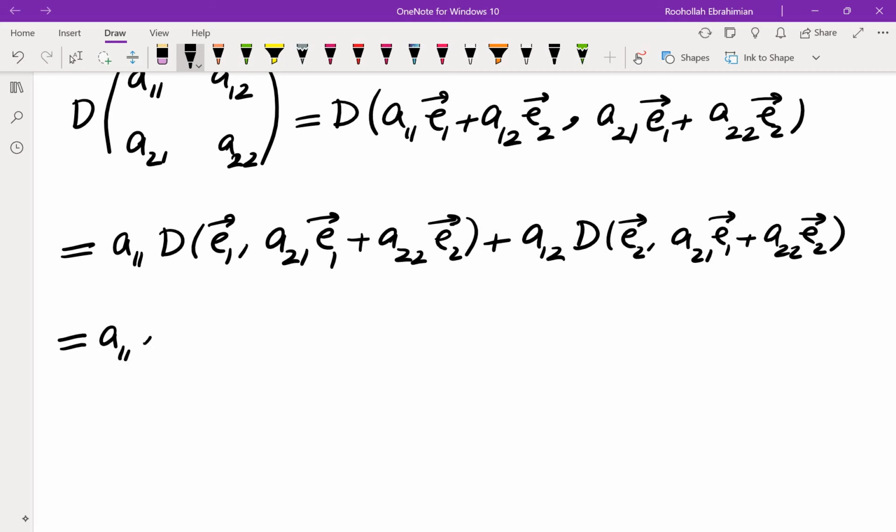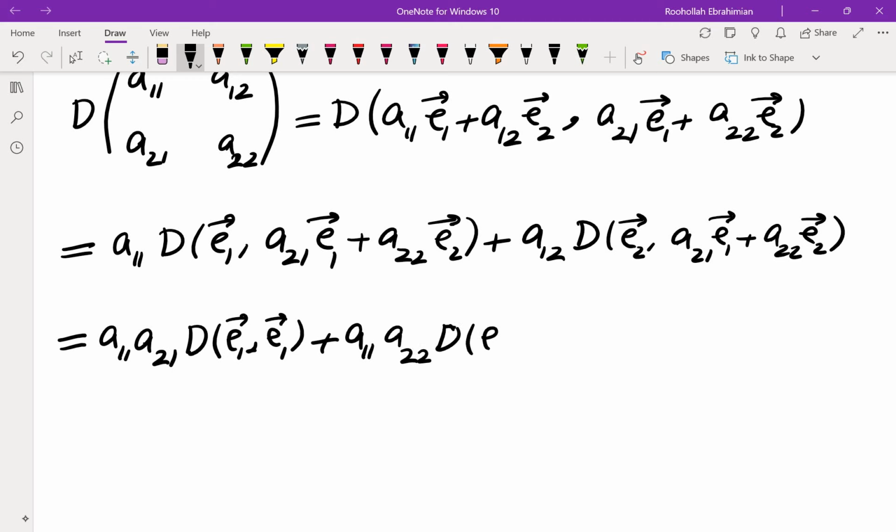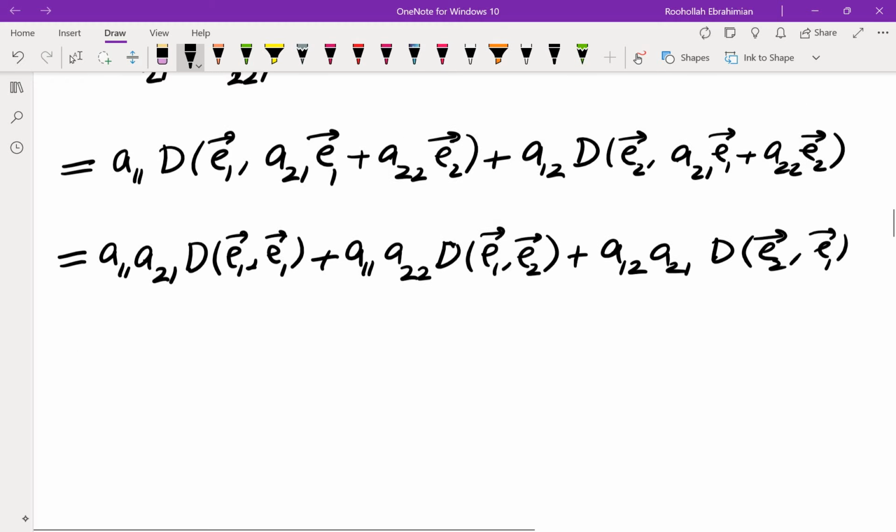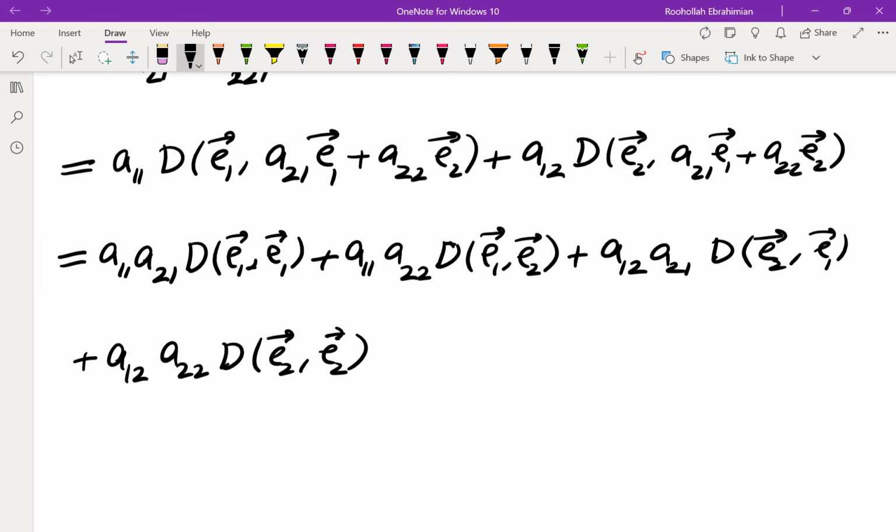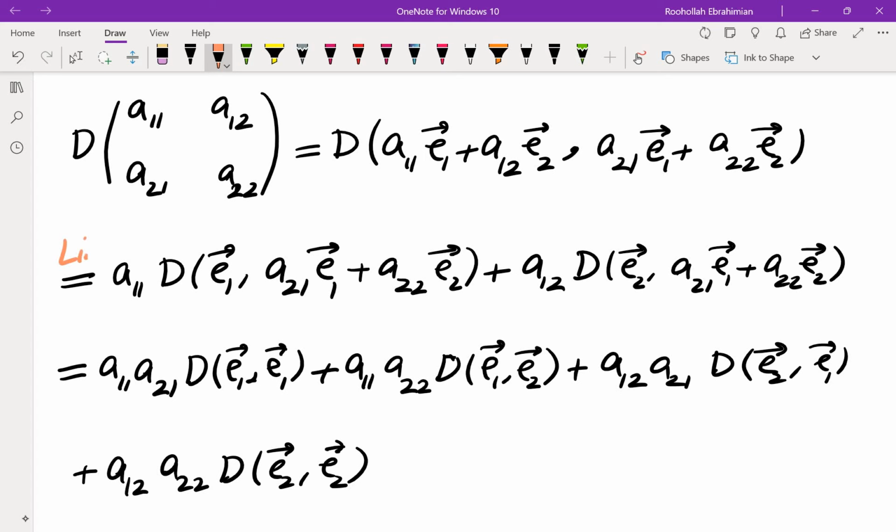We will get a11 a21 d of E1 comma E1, plus a11 a22 d of E1 comma E2, plus a12 a21 d of E2 comma E1, plus a12 a22 d of E2 comma E2. Just to be clear, here we're using linearity with respect to different components, the first one and the second one.